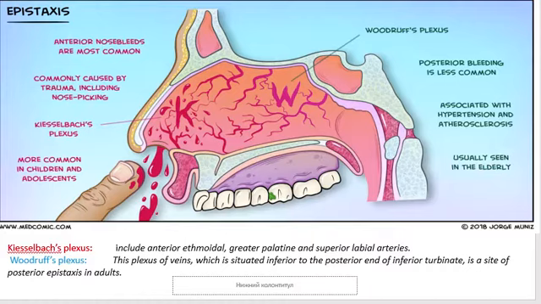Woodruff's plexus includes the plexus of Wales, which is situated inferior to the posterior end of the inferior turbinate, the site of posterior epistaxis in adults.